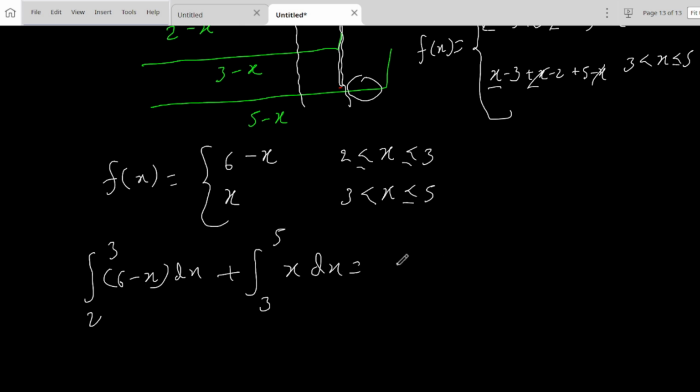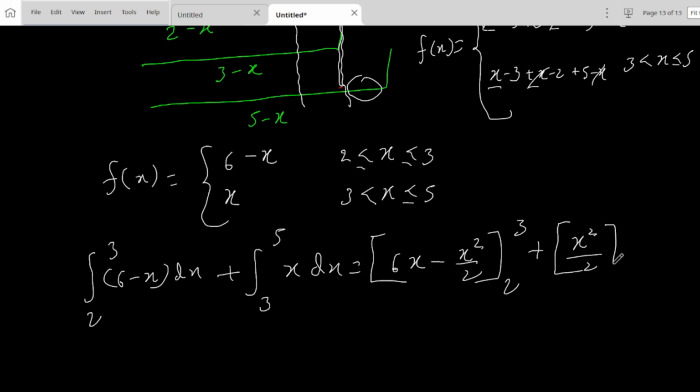Now we will integrate it. So this would be 6x minus x square by 2, value 2 to 3, plus x square by 2, value 3 to 5.